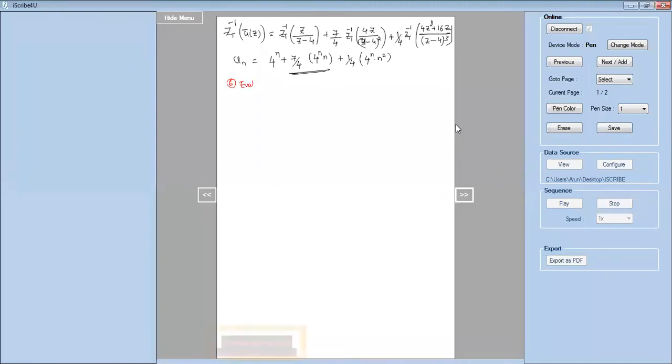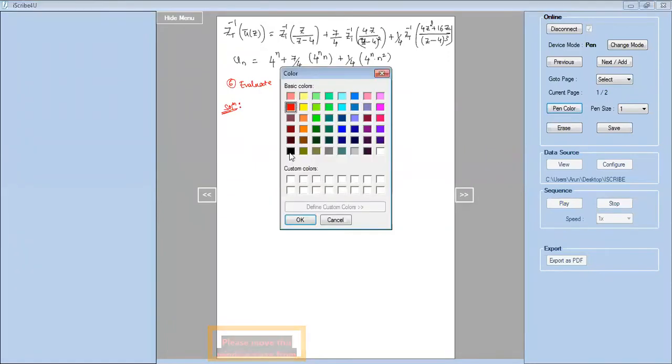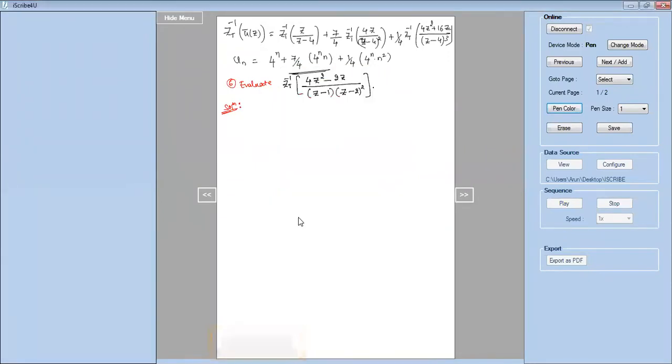Evaluate z inverse of 4z square minus 2z divided by z minus 1 into z minus 2 whole square. Okay, so this is the problem I am going to take. Inverse z transformation of this.